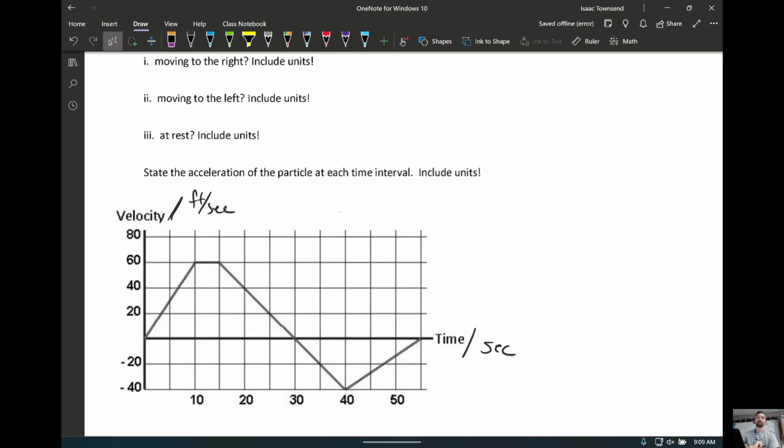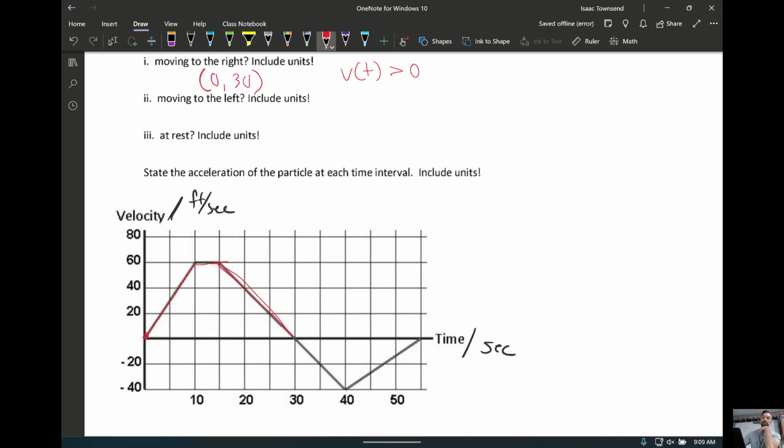Nope. 0 to 30. Why 0 to 30? Because it's velocity, and the whole time the velocity is positive until it gets to 30. Very good. So when velocity is positive, that would be like your justification. 0 to 30. It's moving to the right.